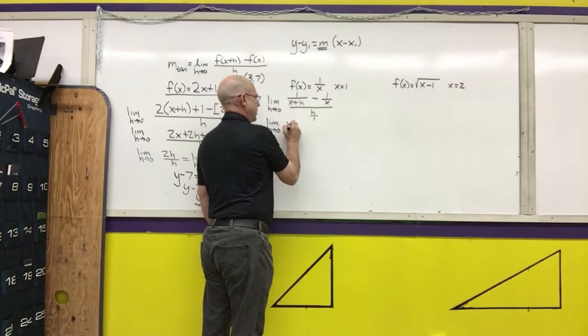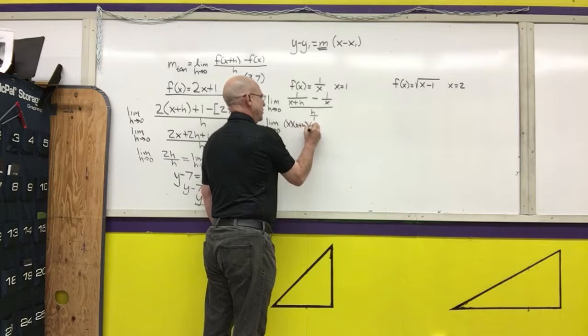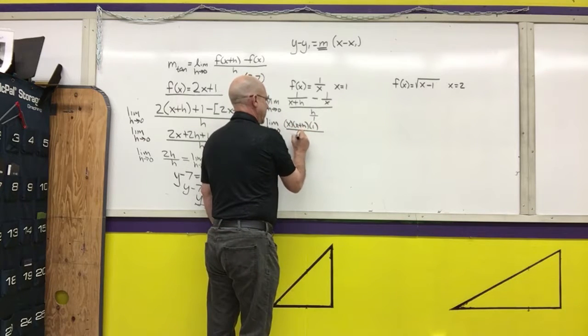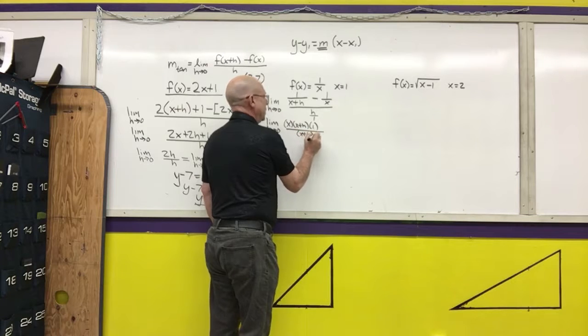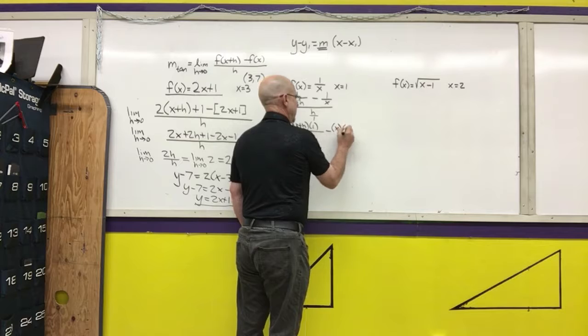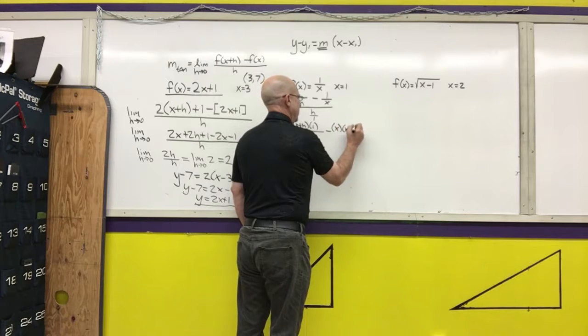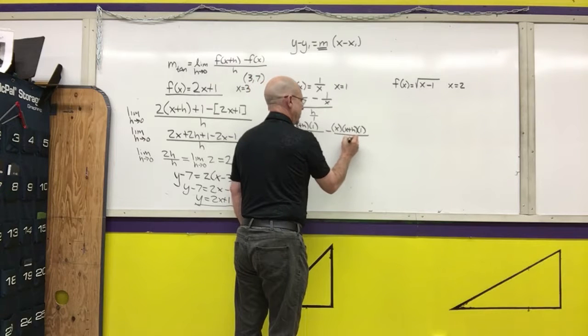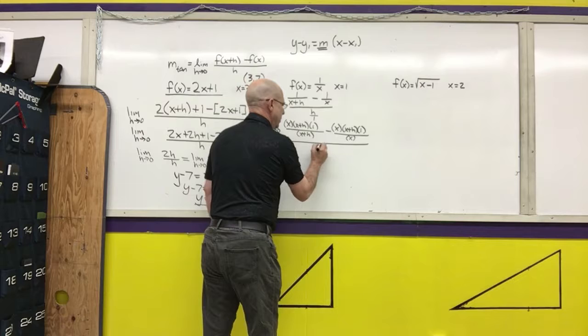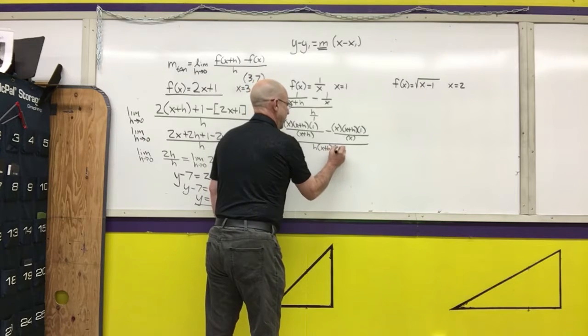So I get x times x plus h times 1 over x plus h minus x times x plus h times 1 over x, all over h times x plus h times x.